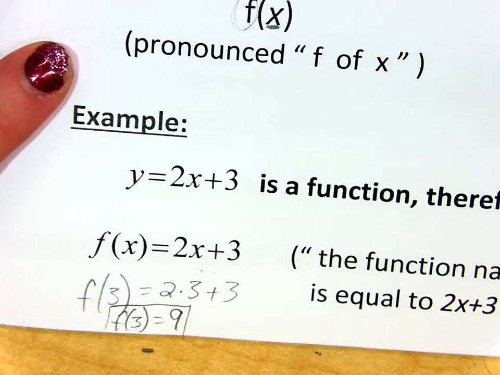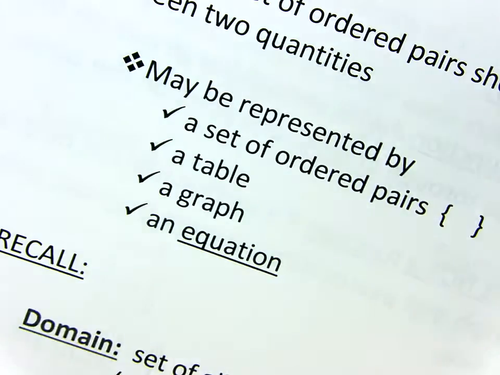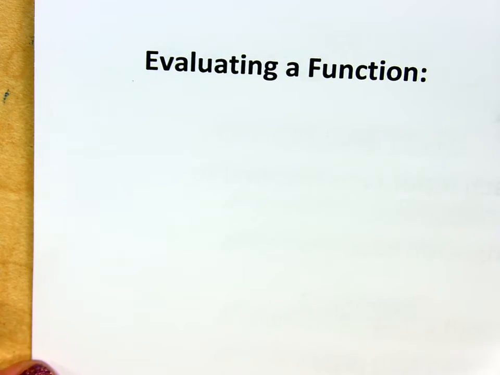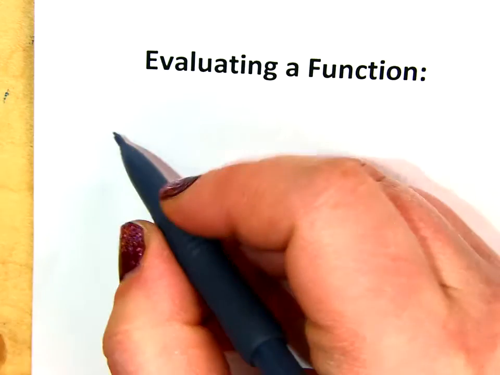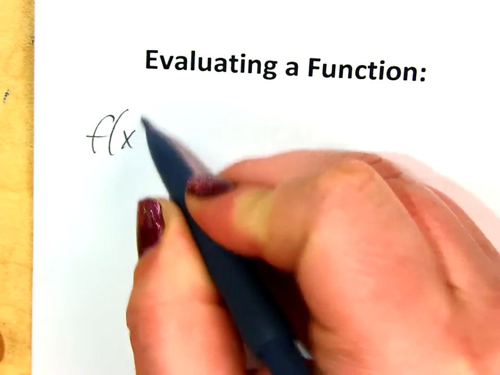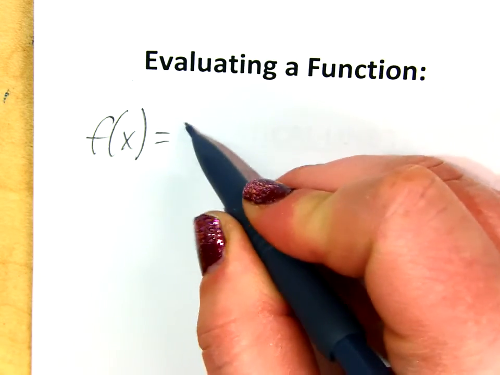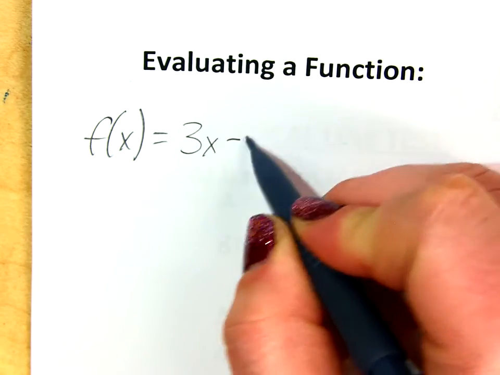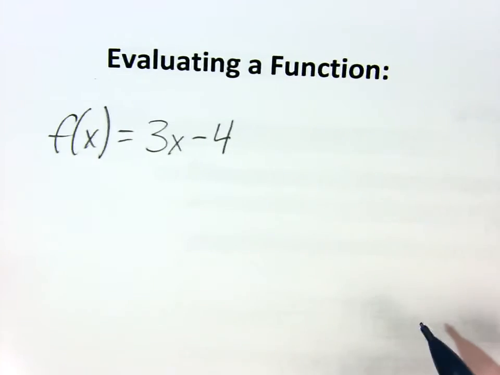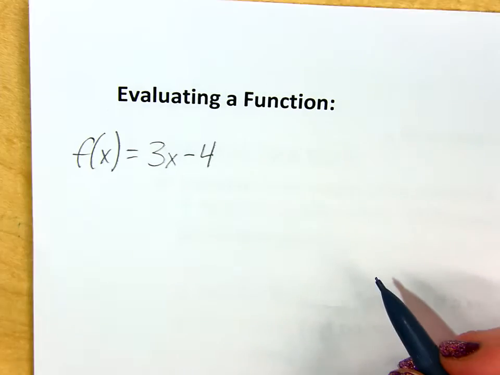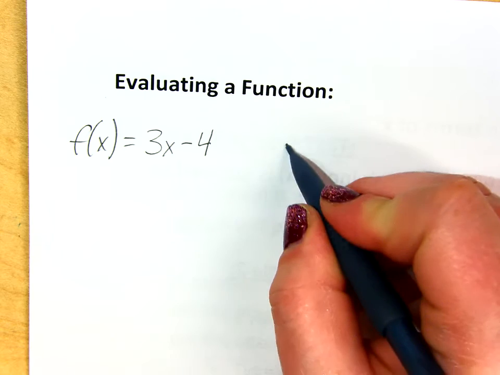Okay? Okay. So, on the back, there's some space for us to evaluate a function. So, we're going to make up a couple of different ones, and then we'll do some evaluating. Let's start off with an f of x. We'll make this one pretty easy. How about 3x minus 4? Then let's give ourselves a g of x.